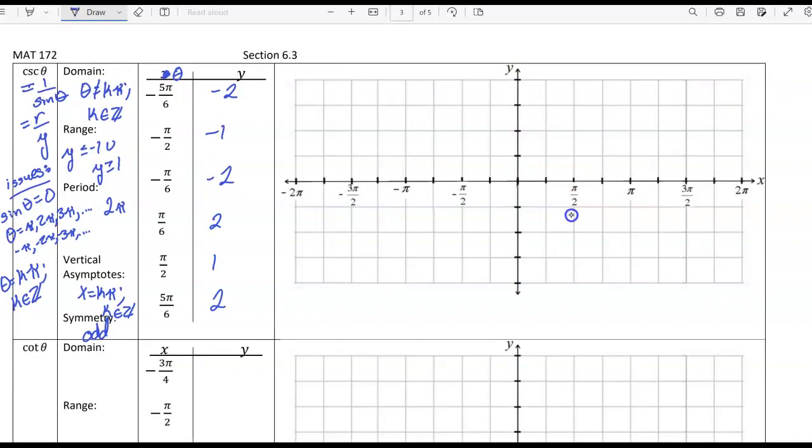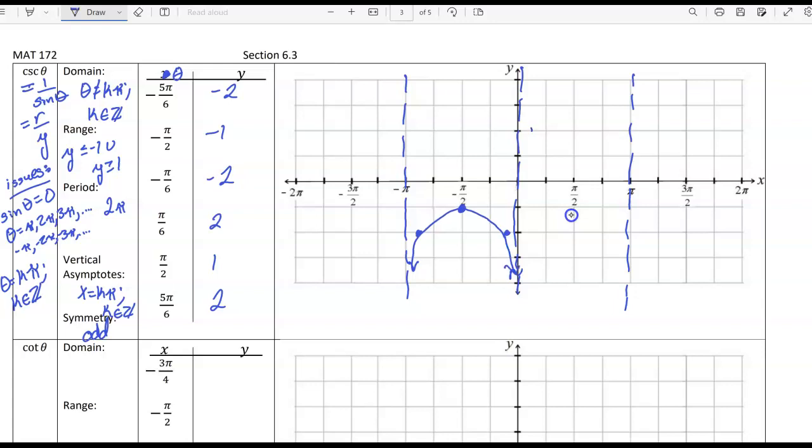So if we were to graph what this looks like, I'm going to start with asymptotes. So negative 5 pi over 6, negative 2, negative pi over 2, negative 1, pi over 6, negative 2. So something like this.